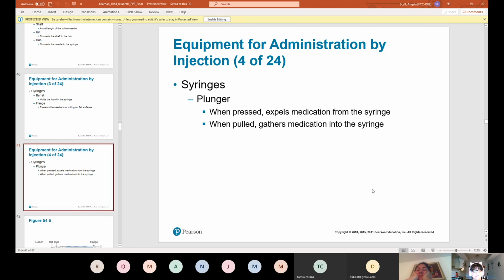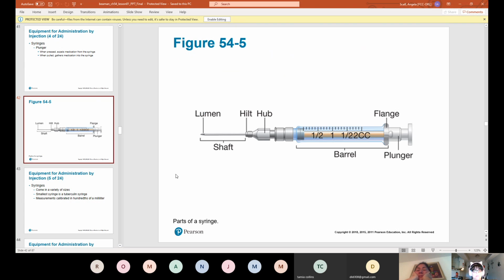Am I with everybody? Have I lost anyone? We're doing good? Okay, so here's a picture, here's an example. So here's our lumen, our shaft of the needle, the hilt, the hub, see how it connects to the syringe? Now, like I was telling you yesterday, some of your needle syringe combos already come attached.